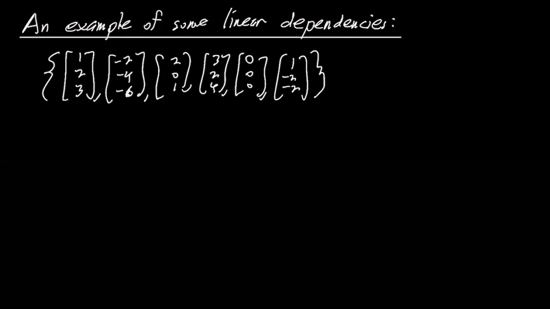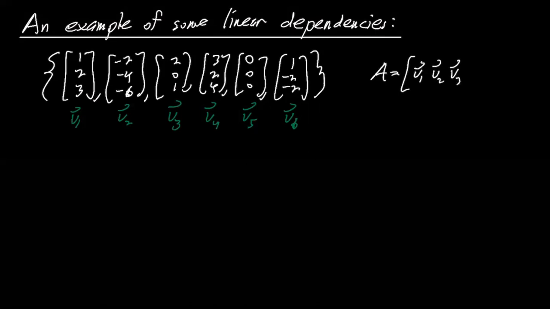So this is vector v1, v2, v3, v4, v5, and v6. These are actually the columns of the matrix A that we had in an earlier example, the example about parametric vector form solutions. So we can think of these vectors forming the columns of this matrix A.